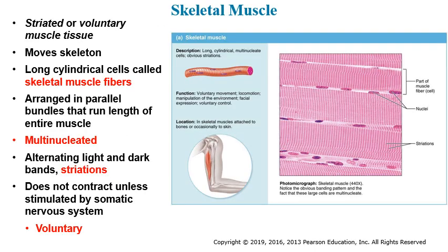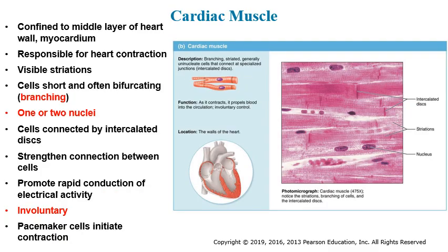Okay. All right, so here is a picture of your skeletal muscle. You do have those striations, and you have fibers that are multinucleated. And notice how those fibers are pretty much parallel to each other. In comparison to your cardiac muscle, those also are striated, but they're not totally parallel to each other.